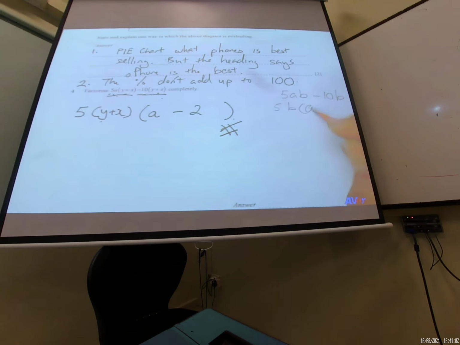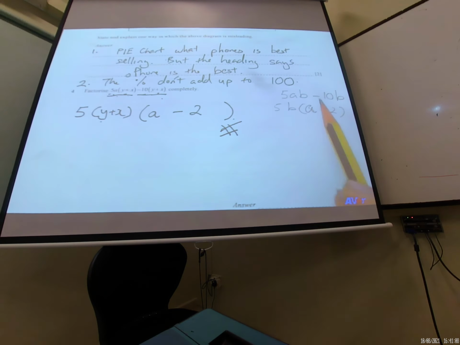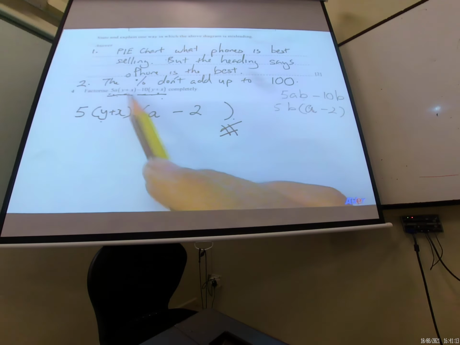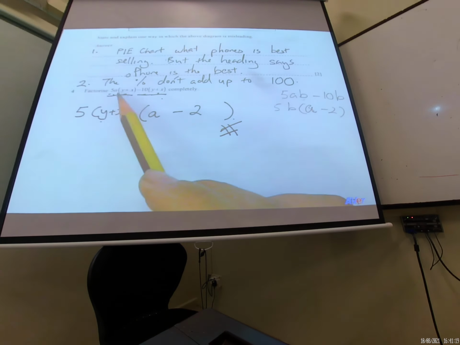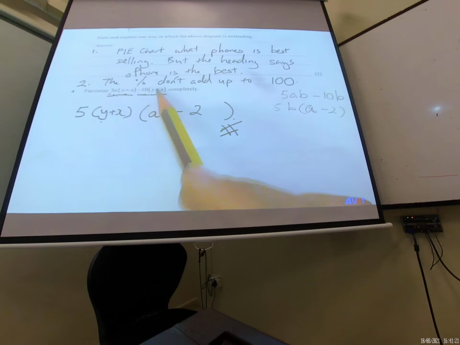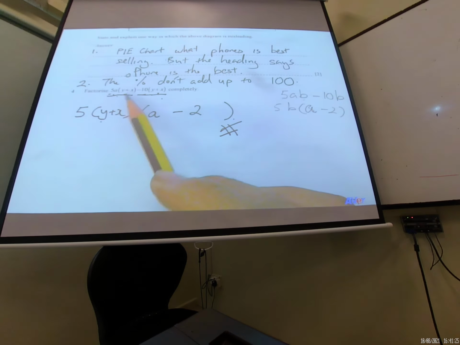Then we are left with a minus 2. The difference between this and this is just that now I only have one b, and here I have one bracket. But remember, when we have a bracket, it is considered together as one. So this bracket itself is just like one part, one letter, just like b. If we can take out b, it means we can take out the bracket. Okay.